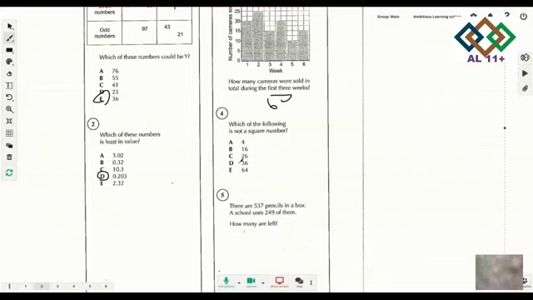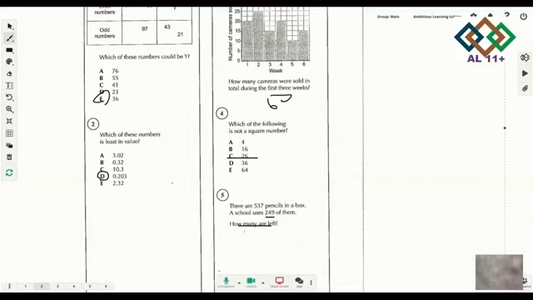Number 4 was C. And number 5, they're asking you, there are 537 pencils in a box, a school uses 249 of them. How many are left? That's an easy one. You just need to subtract. 537 minus 249.